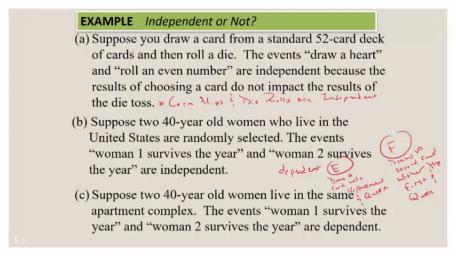Well, if you think about it, what's the probability you draw a queen from the first draw? There's 4 queens, 52 cards, right? So if you draw a queen the first time, now you go to draw another card, there's only 51 cards in the deck, and now how many queens are there? Only 3. So what happened first, drawing a queen, does change the probability that you're going to draw another queen. So there's another example of dependent events.